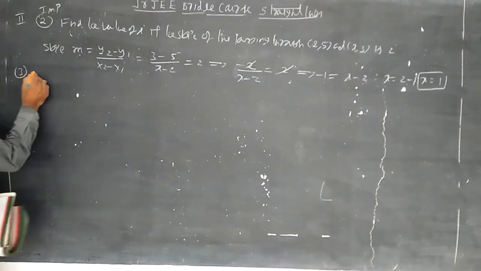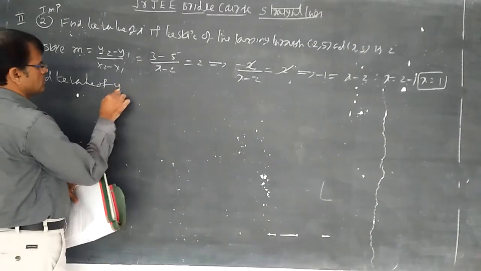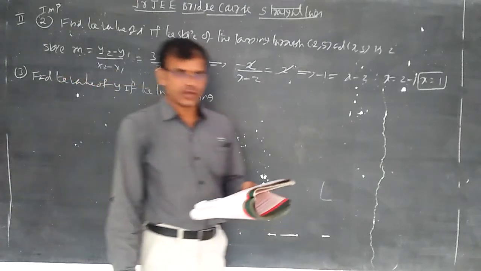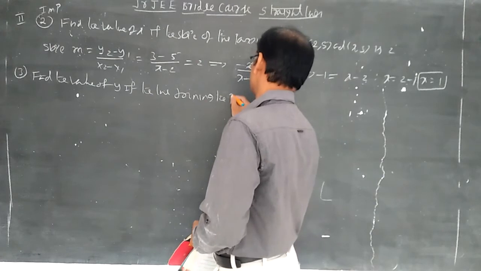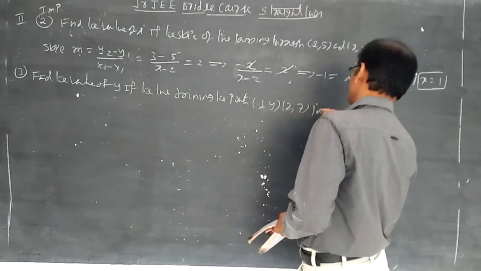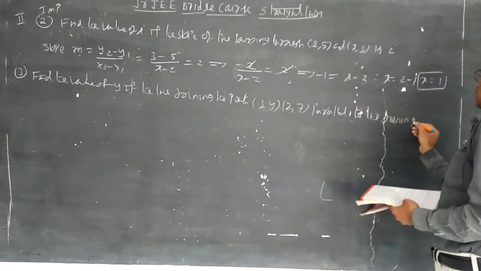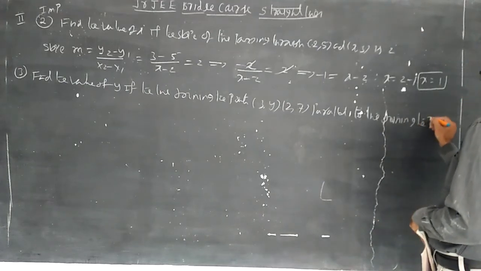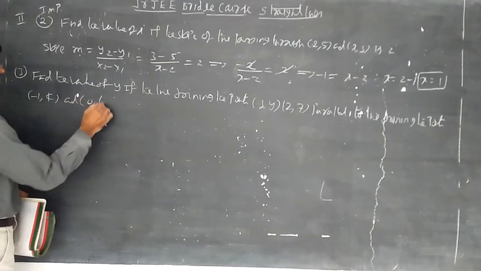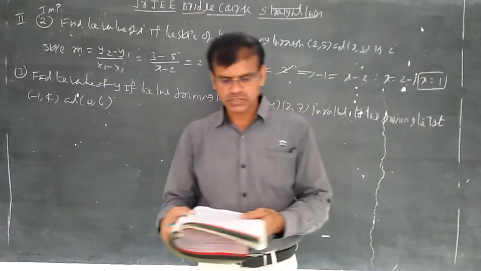Find the value of y if the line joining the points (3, y) and (2, 7) is parallel to the line joining the points (minus 1, 4) and (0, 6).